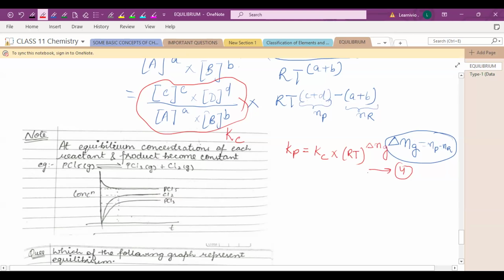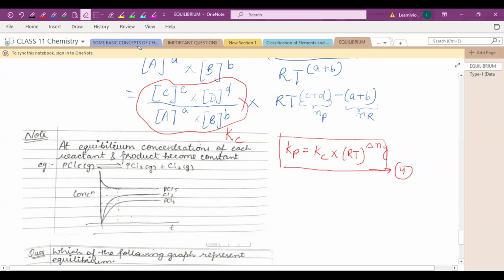And that is the relationship between Kp and Kc. Kp is equal to Kc multiplied by RT raised to the power delta Ng. Okay, we will use this in the numerical part. So this equation is important. This formula is very important. Just remember this formula, just memorize this.